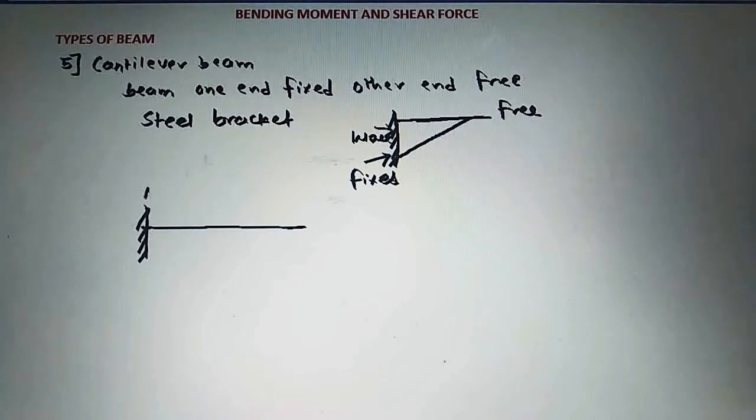We are taking this fixed end as A. We have already seen that there will be a horizontal reaction HA, a vertical reaction VA, and a moment that will be offered by this fixed support here, and this moment will be MA. So these are the reactions offered by the fixed support. So this is all about the cantilever beam.